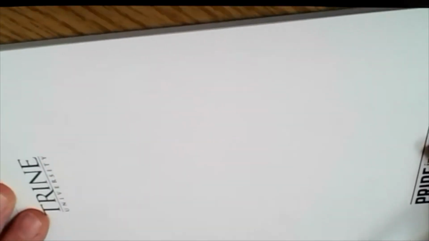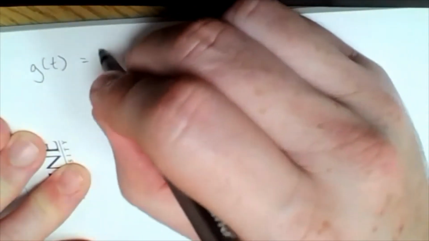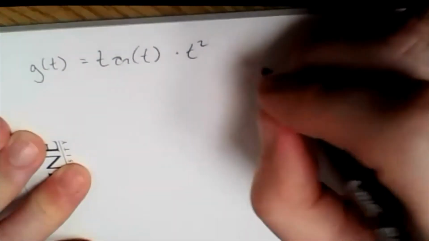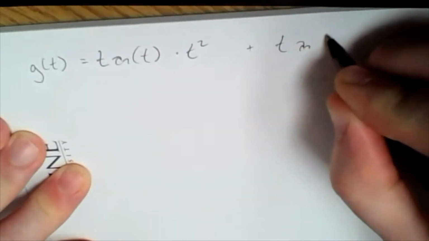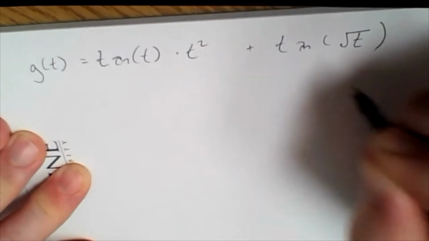The very last of these problems is the hardest one from this assignment. I want us to calculate the derivative of this function. g of t is the tangent of t times t squared, and then we are going to add on tangent of the square root of t.